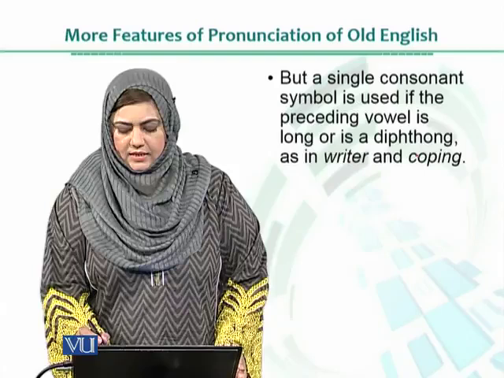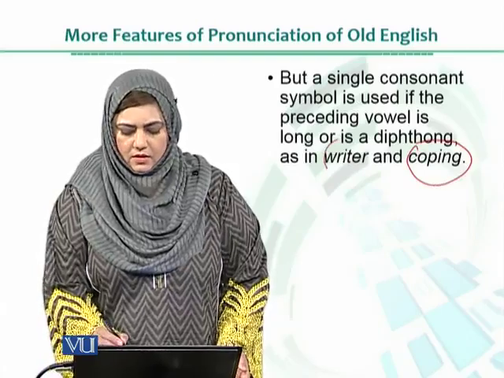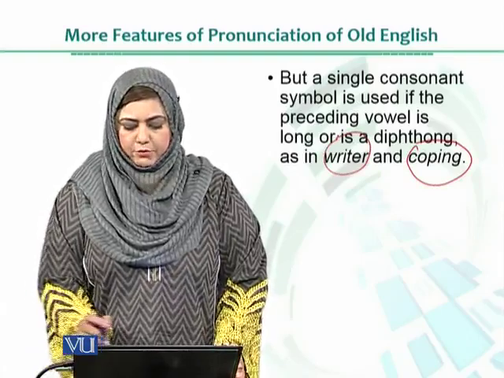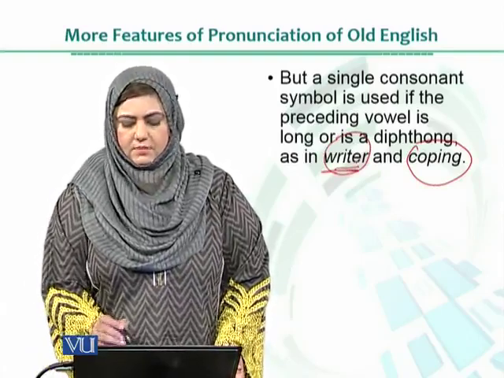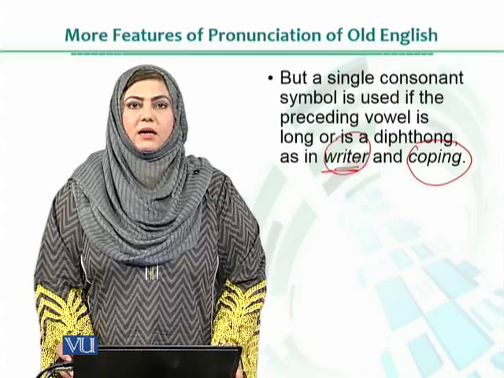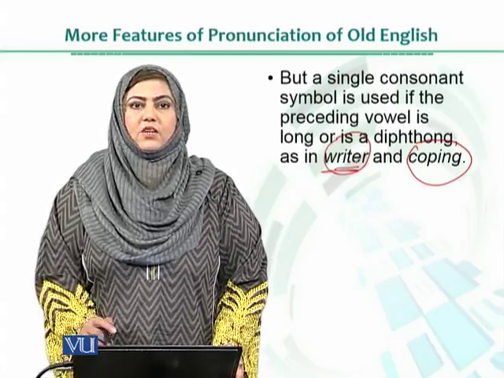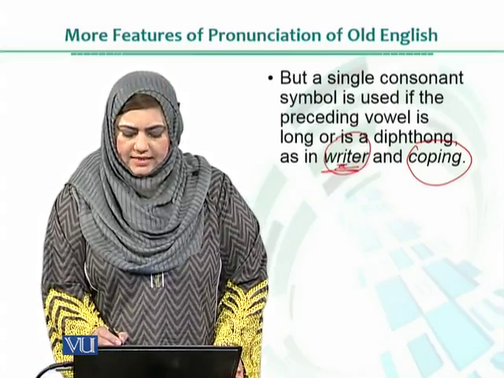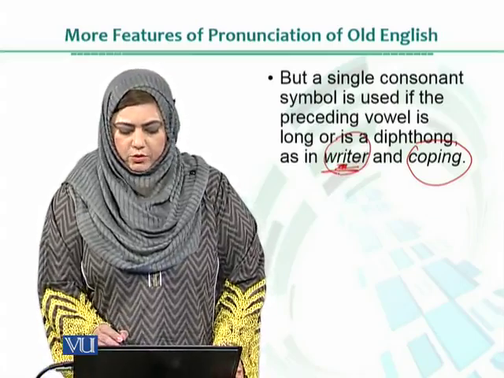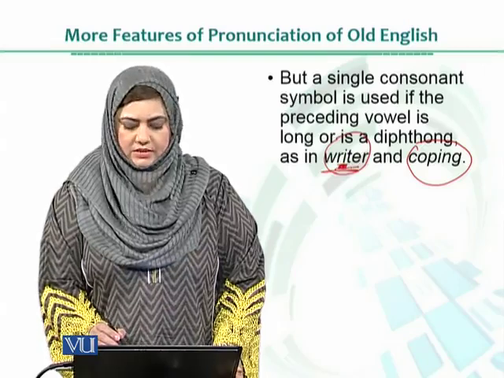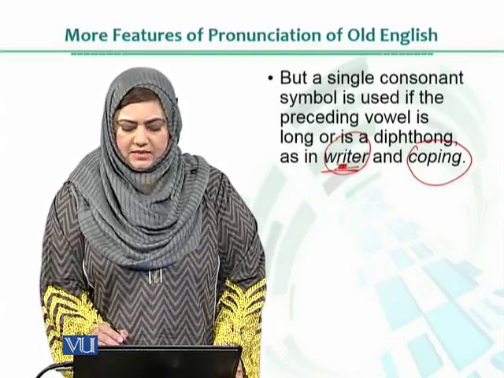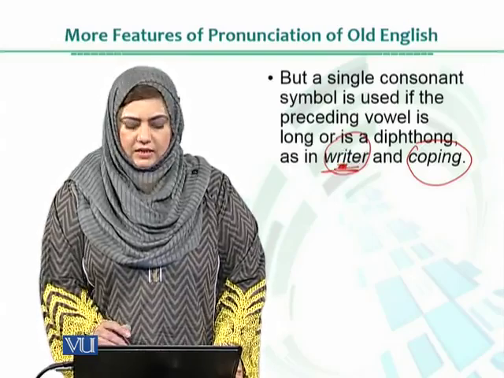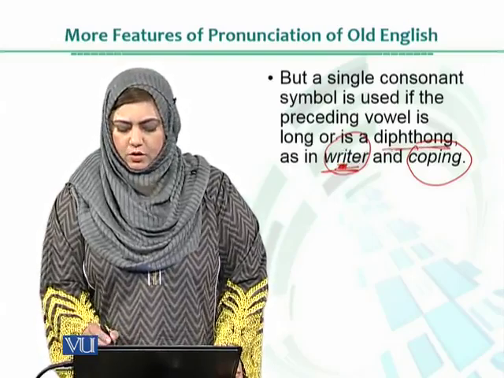Notice these two words again, coping and writer. I would first discuss this word, writer. There are two vowel sounds here that are produced with this one letter representation. If you notice the representation, this is through only one vowel letter, I, but the sound is, as I said, a diphthong.